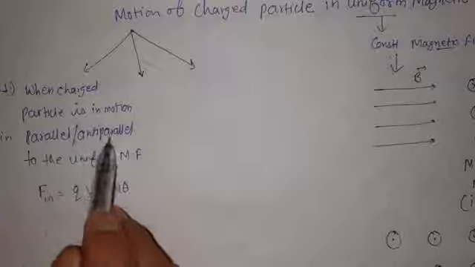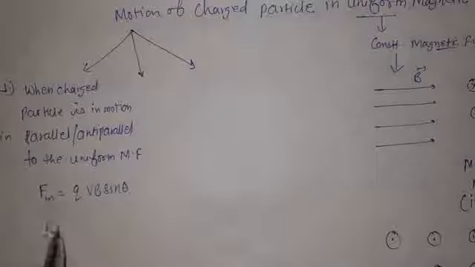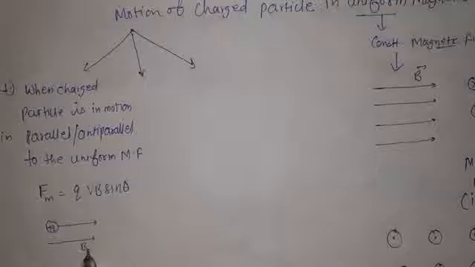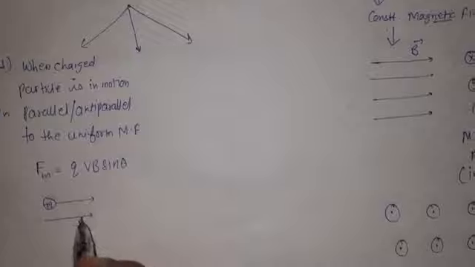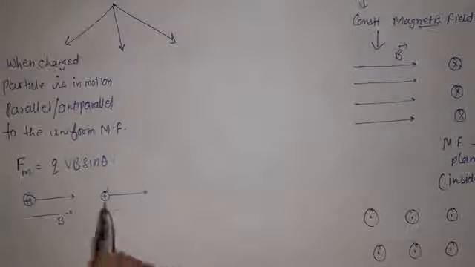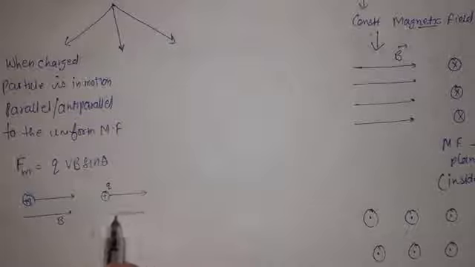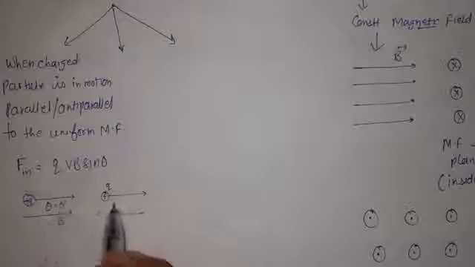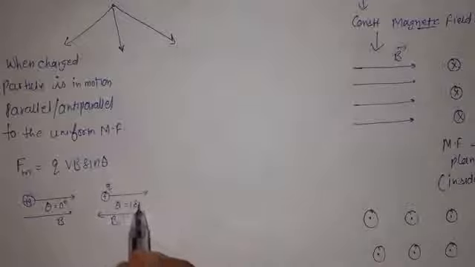It is parallel or anti-parallel. Let us say this is a charge going toward the right, and this is the magnetic field which is also toward the right. Both are in the same direction, or the charge is going toward the right but the magnetic field is toward the left. So how much is the angle? It is 0 degrees, or the angle is 180 degrees.